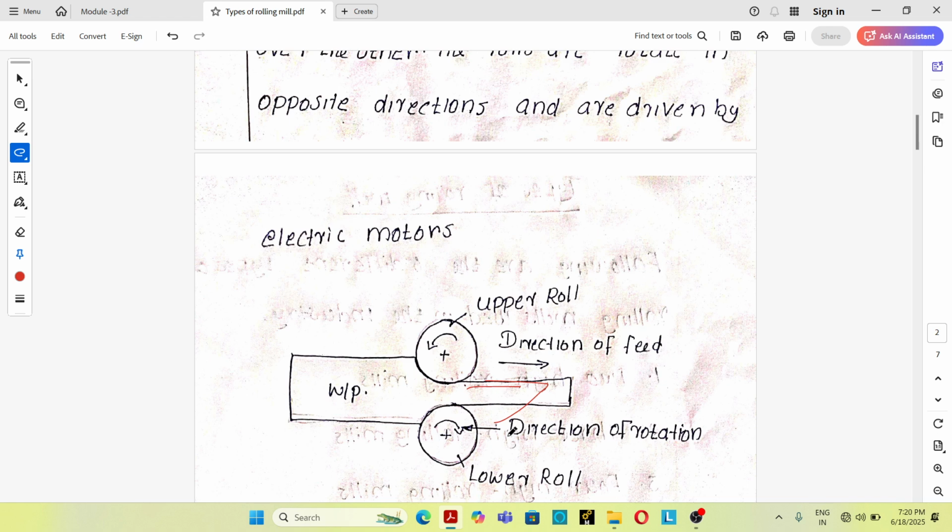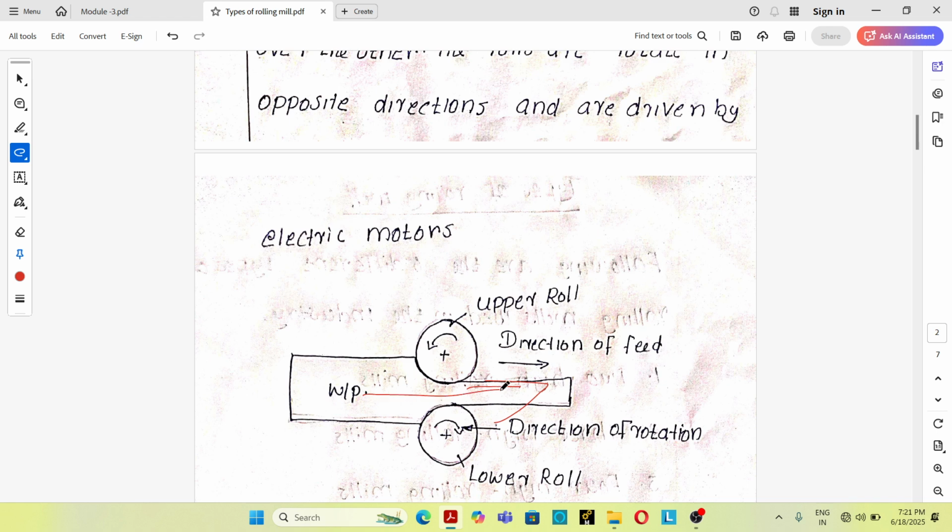If more than one pass is required, the material will have to be brought back to the same side after the first pass. So this is known as a 2 high rolling mill. It consists of 2 rotating rollers, one over the other, rotating in opposite directions.